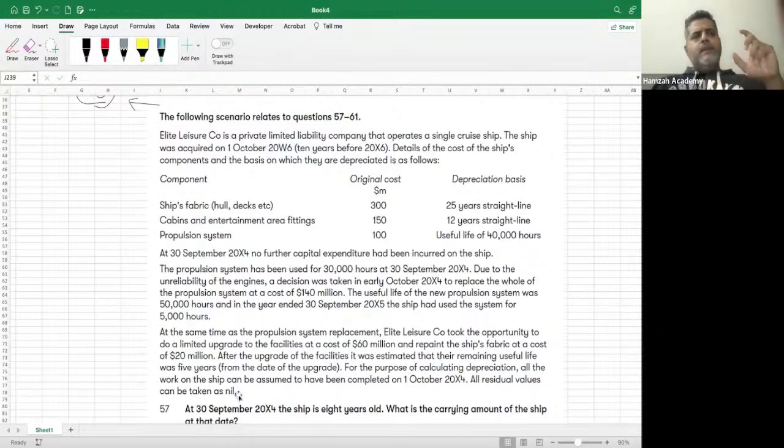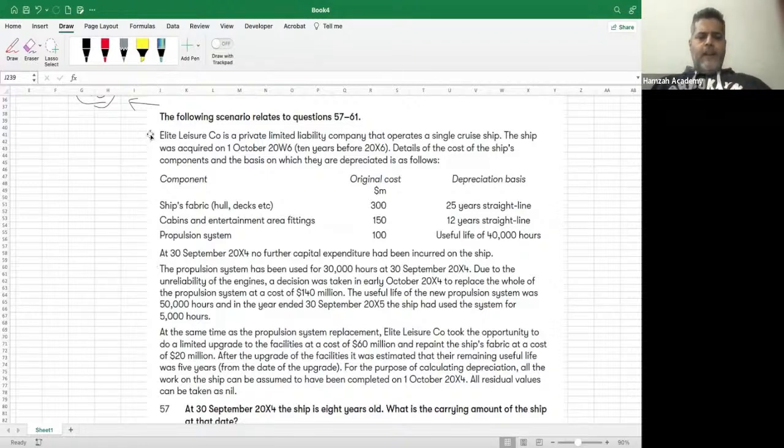All of the MTQs are designed in a paragraphic form, and each question that we have is related to a specific paragraph.